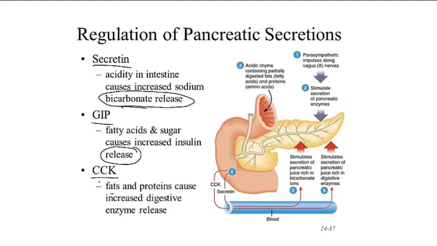So depending upon what kind of content we are digesting, it stimulates the release of those different hormones. And here is a feedback loop presented, a positive loop and a negative loop, where it's controlled by hormones as well as the parasympathetic nervous system.